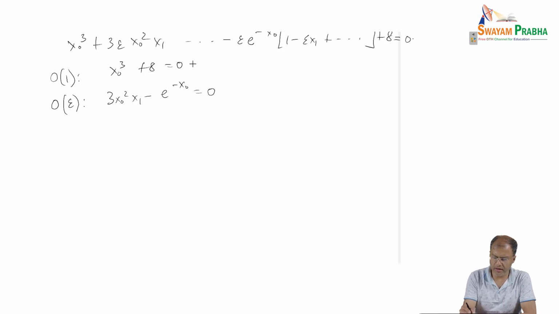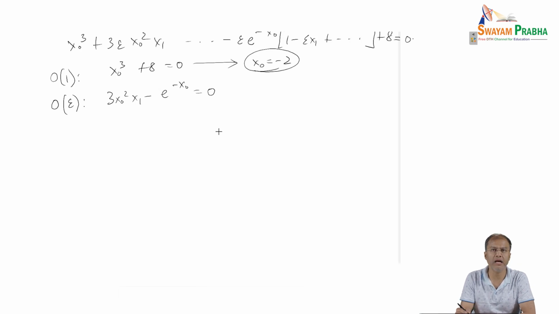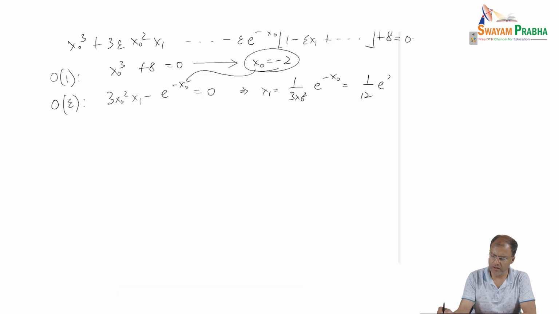Now from the order epsilon to the power 0 term, we get that x naught is minus 2. That is the real solution. And then if we plug this into our order epsilon case, we see that x1 comes out to be 1 by 3 x naught square e to the power minus x naught. So this is 1 by 12 e square.